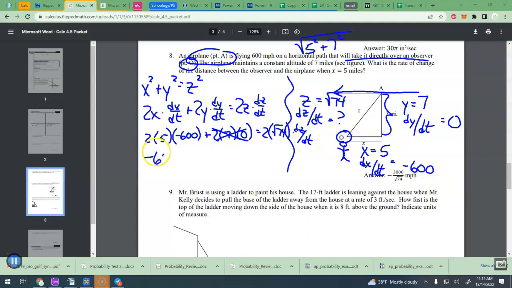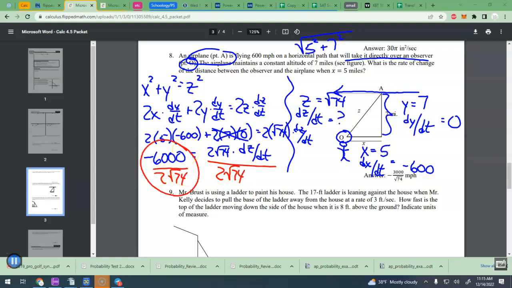This will be negative 6,000 equals 2 times the square root of 74 times dz dt. And then I would divide both sides by 2 times the root of 74. And that's a totally fine answer. They just said, okay, 6,000 divided by 2 is 3,000, so they reduced it. That answer would be acceptable also.